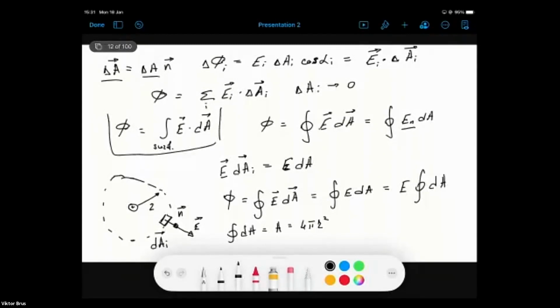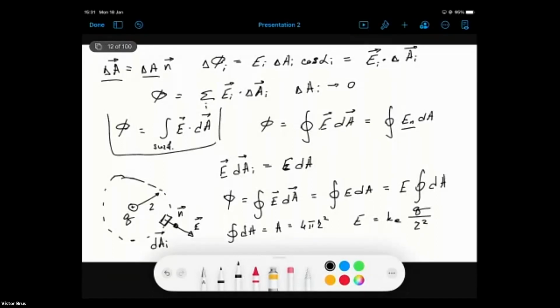We also know what the strength of the electric field at this sphere surface will be, because we know the Coulomb equation. So the electric field will be equal to the Coulomb constant times Q, which is the electric charge of this point charge which we consider, divided by r squared.